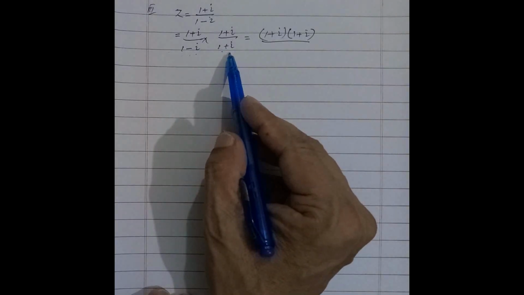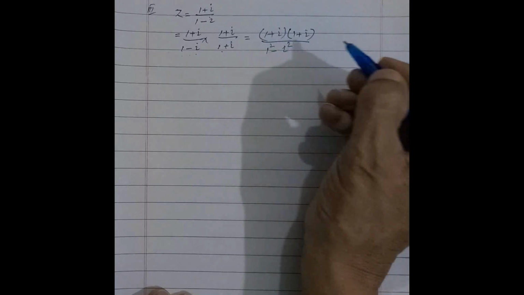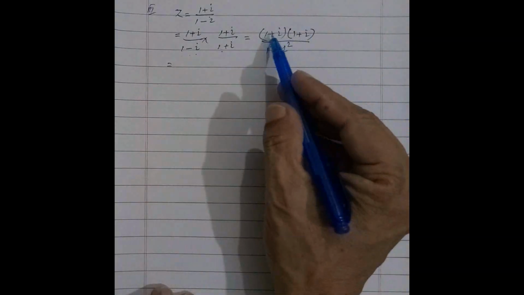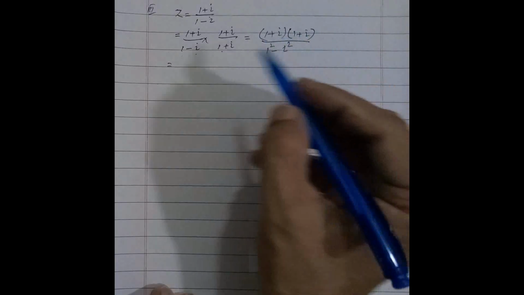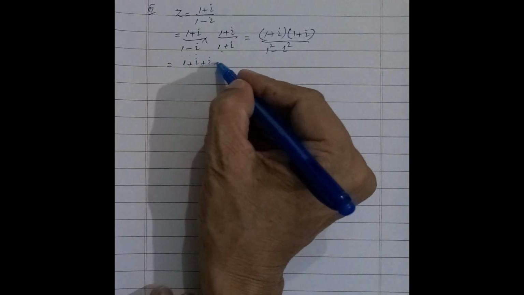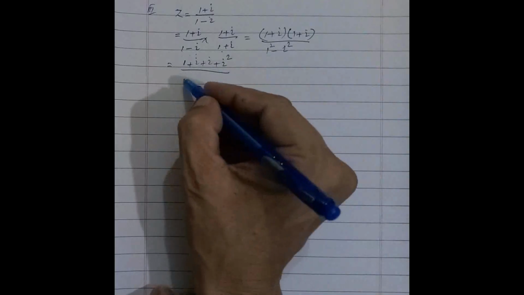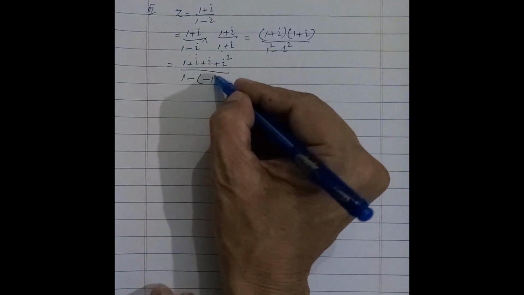The answer is a square minus b square. So 1 square minus iota square. And we multiply the numerators, which is 1 plus iota into 1 plus iota. We multiply these values, 1 plus iota plus iota plus iota square over 1 square we have 1 minus, and iota square is equal to minus 1.